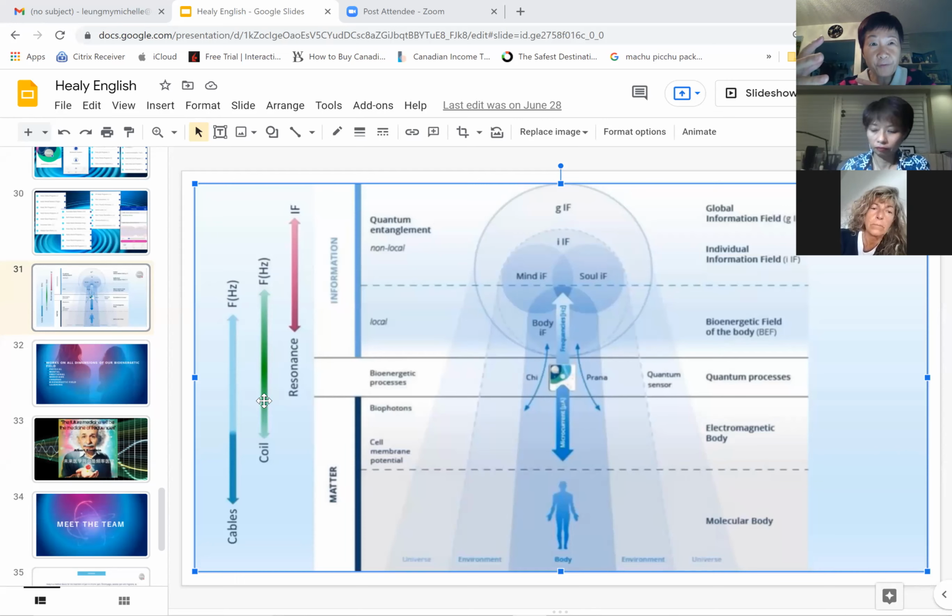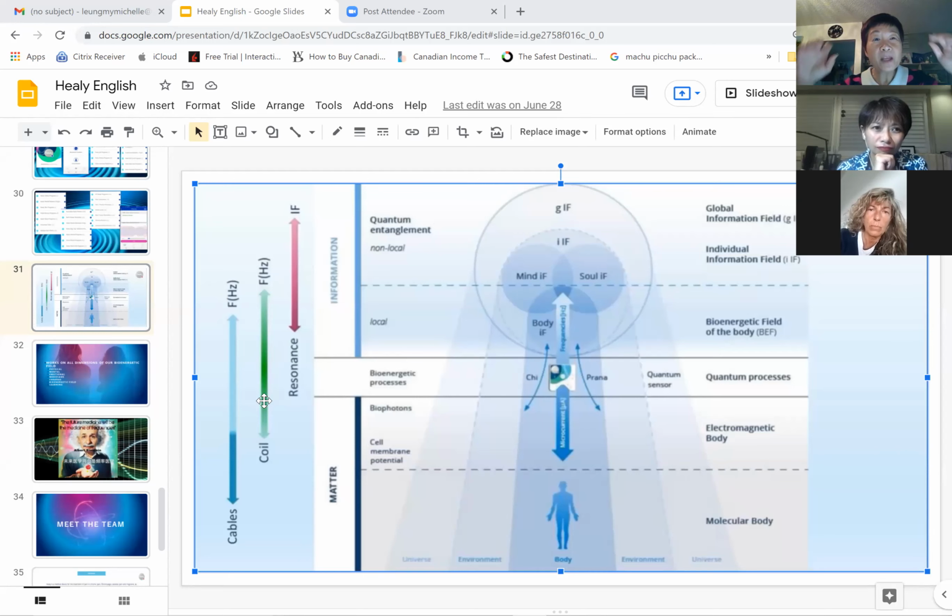Let me put it in a very simple way. A zero field is emptiness, so you can put anything in there. It is almost like a black hole. There is no disturbance of the information, because the information field can have a lot of information, like your individual information and the global information, which is quite noisy.